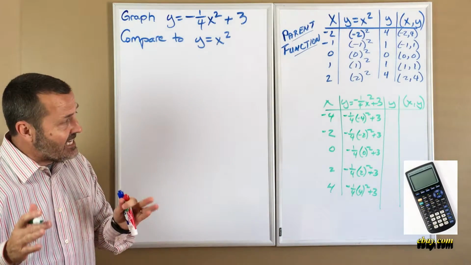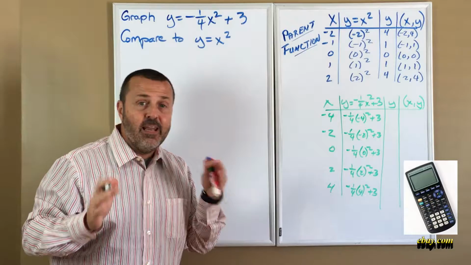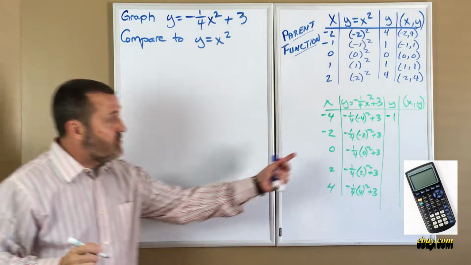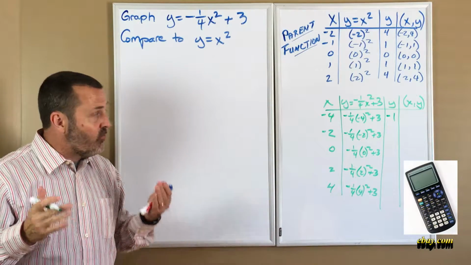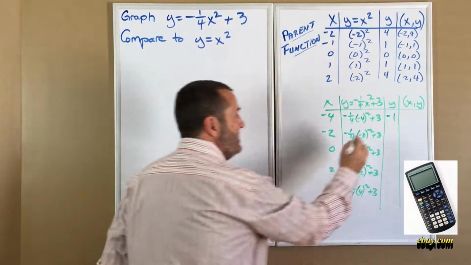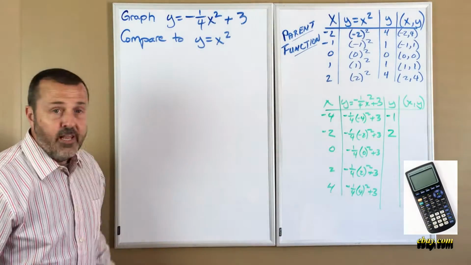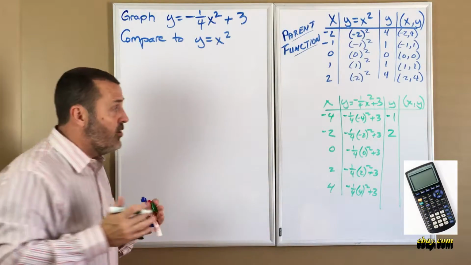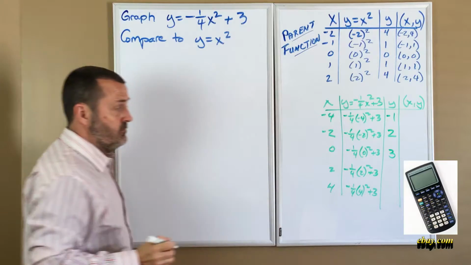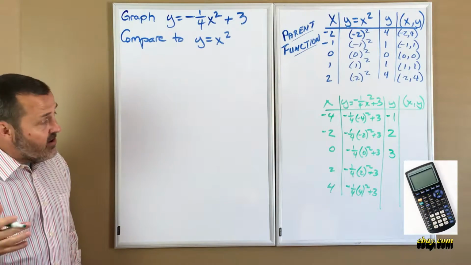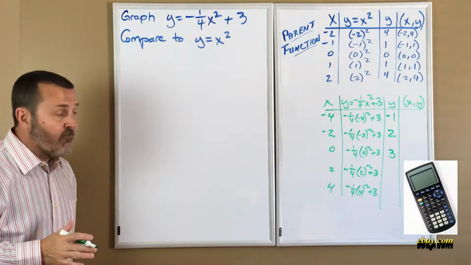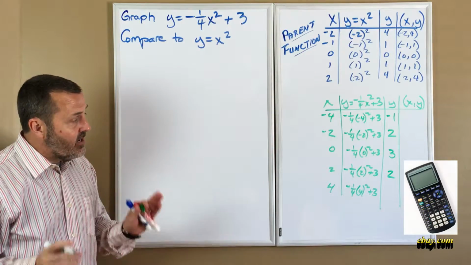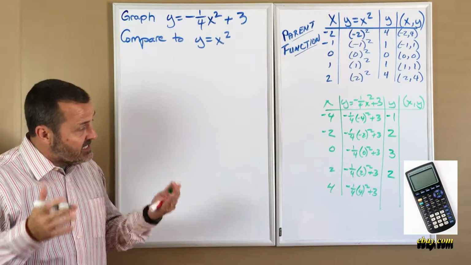Negative 4 squared is 16 times the negative 1/4 would be negative 4. Negative 4 plus 3, I believe this value is going to be negative 1. Negative 2 squared is 4 times negative 1/4 would be negative 1. Negative 1 plus 3 is 2. 0 squared is 0 times the negative 1/4 is 0 plus 3, 3. 2 squared is 4 times the negative 1/4, negative 1, that's going to be a 2. 4 squared is 16 times the negative 1/4 is negative 4.